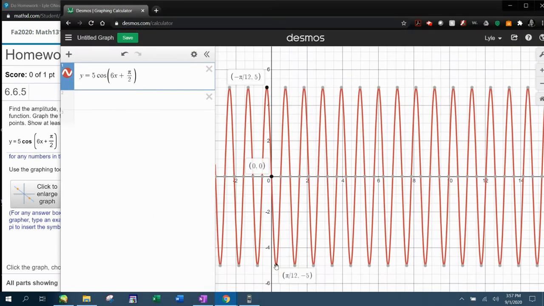This point, pi over 12, negative 5, pi over 4 and 5, bam, bam, and you can click on all of these points and see what they are. And then these in the middle, pi over 6 and 0, pi over 3 and 0.